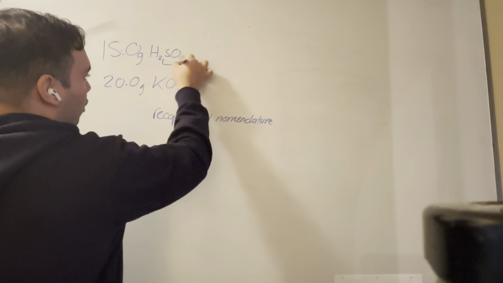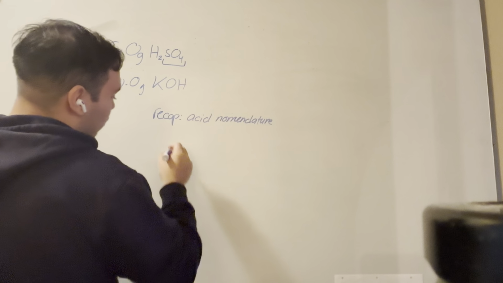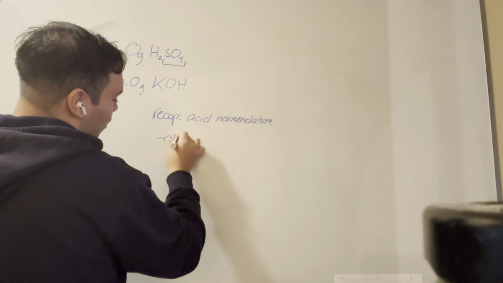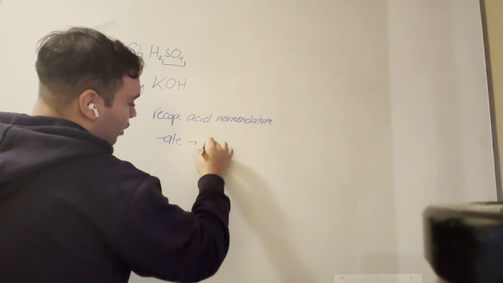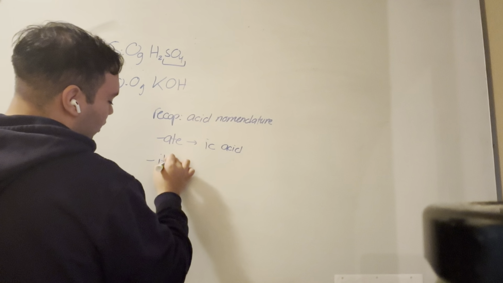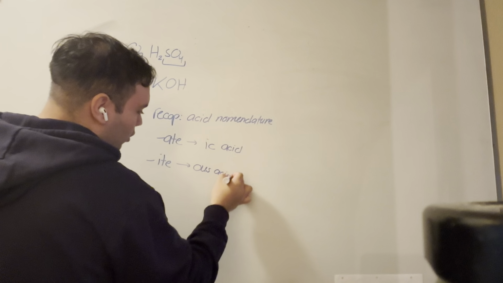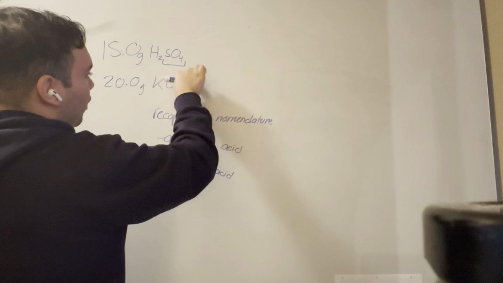When you have a polyatomic like that, if it ends in ATE, it's always going to end in ic acid. If your polyatomic ends in ITE, it's always going to end in ous acid. In this case, it asks for sulfuric acid.